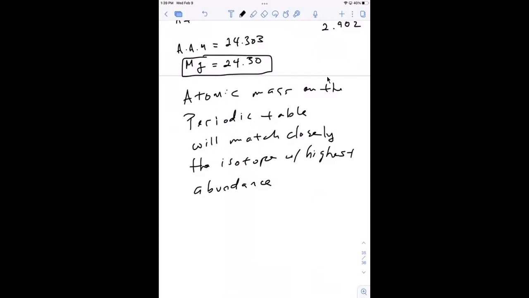All right. So we got one other example, and this one is a little bit more tricky. The reason it's trickier is because this example that we're getting ready to do doesn't have any abundances, no percentages, no nothing. We have to go and find that. So the example is for chlorine.